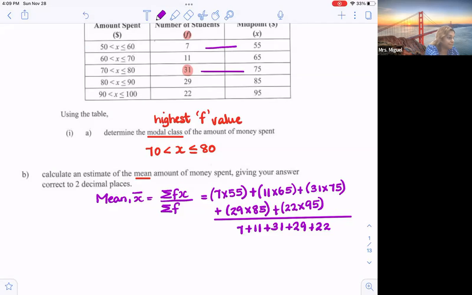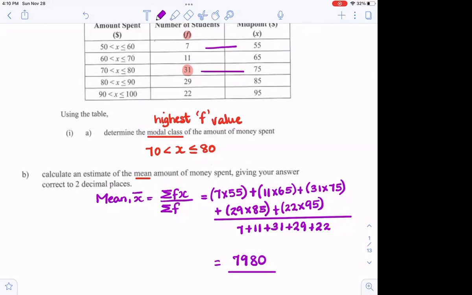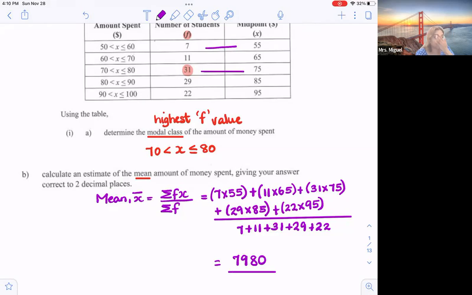All right, so we have 7 multiplied by 55 plus 11 multiplied by 65 plus 31 multiplied by 75 plus 29 multiplied by 85 plus 22 multiplied by 95. And I have 7,980. Did somebody confirm that? Yeah. Right, and find the sum of the numbers in the denominator.